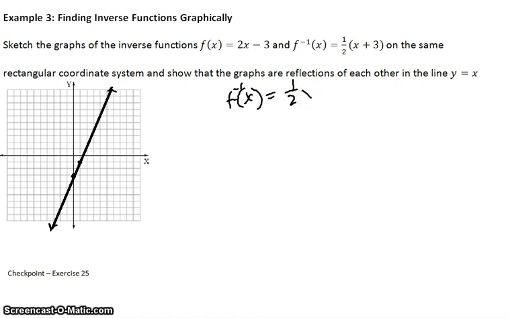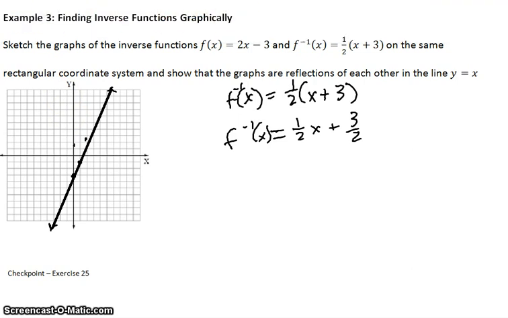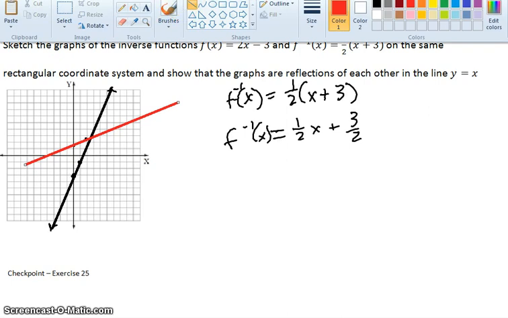It's not in the right format for us, so we have to put it in the right format. So I'm just going to distribute, and I get 1/2 x plus 3/2 for my inverse. So I'm going to start at 3/2, which is about right here, go up 1 over 2, and I'm going to make a line for both of those too. So here is my second line.